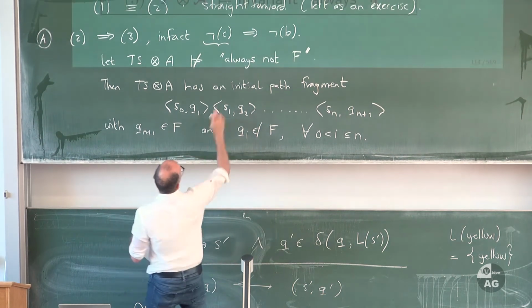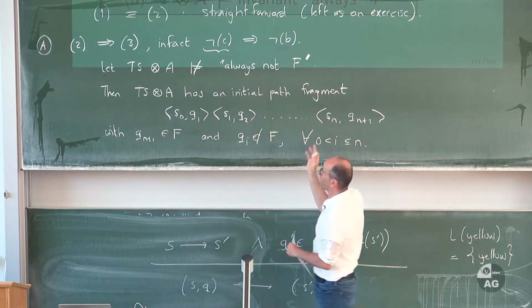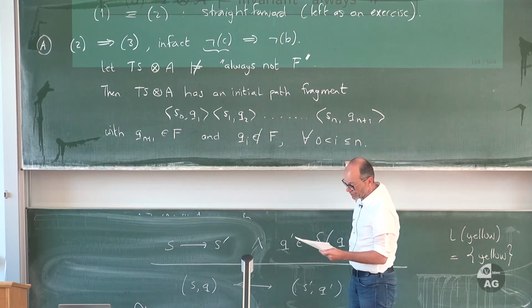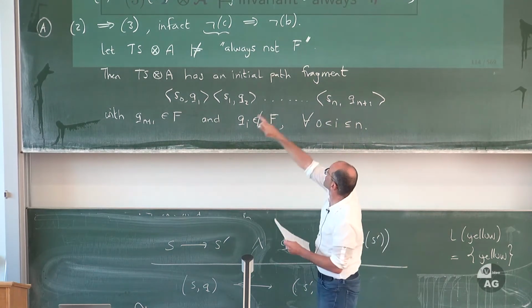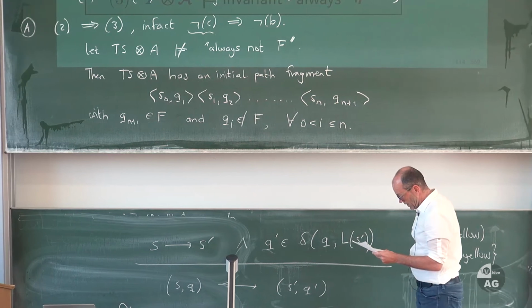Because it violates always not F, there needs to be a finite path that leads to an F state. That's basically what this says. And this is the structure of such a path.